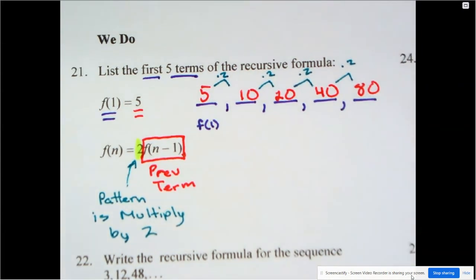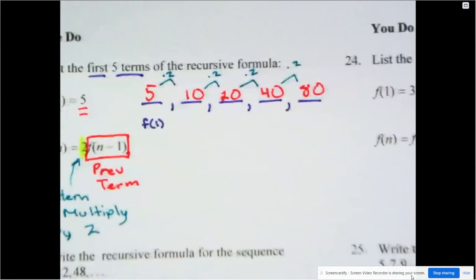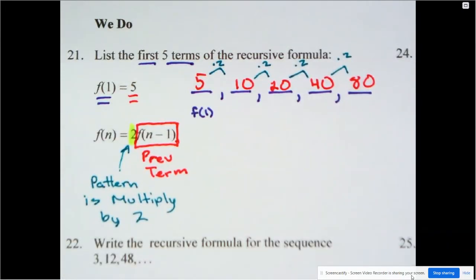This is the fastest way to work with a recursive formula when they want you to find a list of numbers. In fact, you know what? I'm going to show you really quick because I know this is a weird kind of concept. Oh, sorry, let me give you a moment there to get those numbers in.